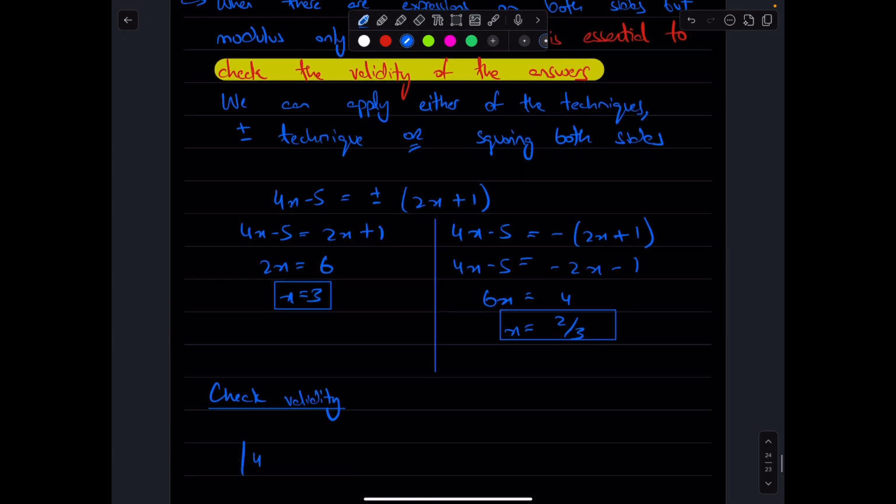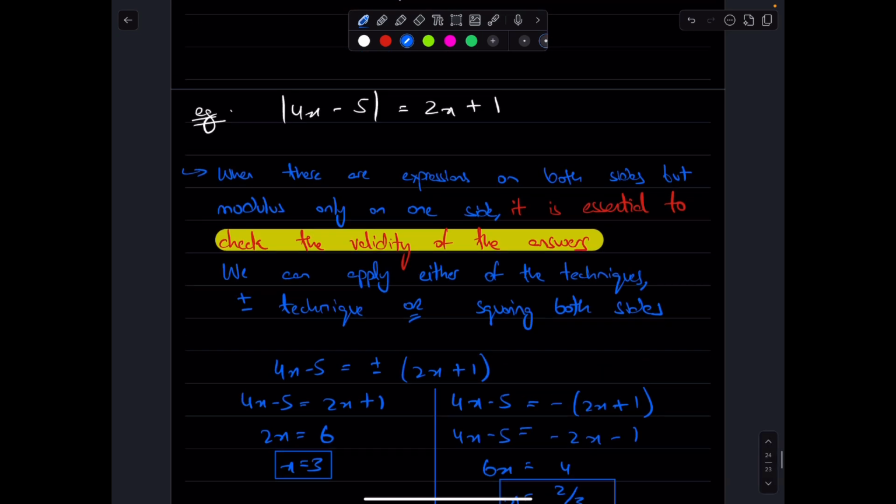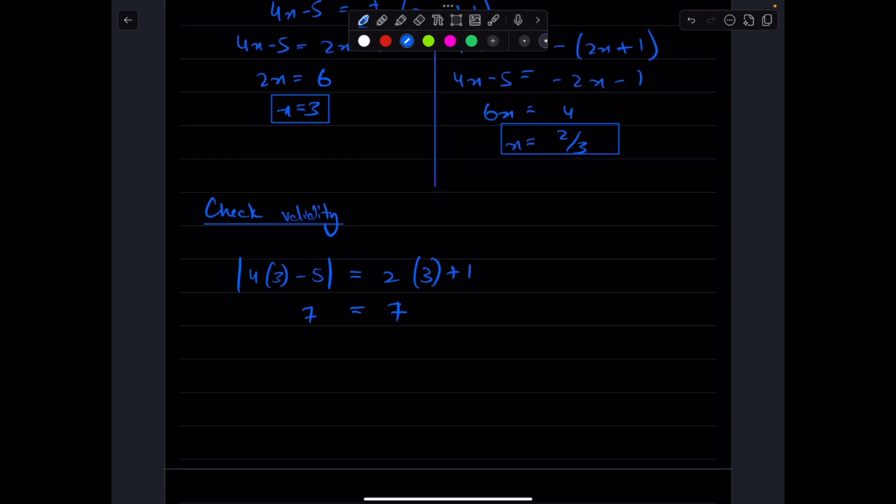So we have the modulus of 4 multiplied by 3 minus 5 equals 2 into 3 plus 1, and we have 7 equals 7. Thus, the left hand side equals the right hand side, and this answer is valid.